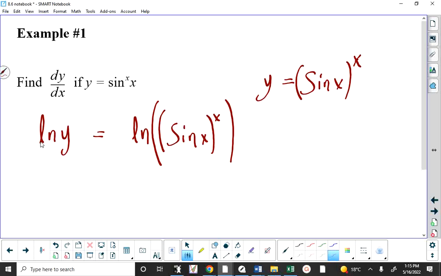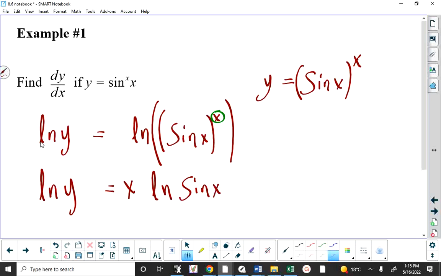Because we can move the x, that's the exponent of the argument, we can move this x out in front of the logarithm due to the power rule for logs. This has nothing to do with differentiation. We're simply moving it out in front. We get the natural logarithm of y equals x times the natural logarithm of the sine of x.